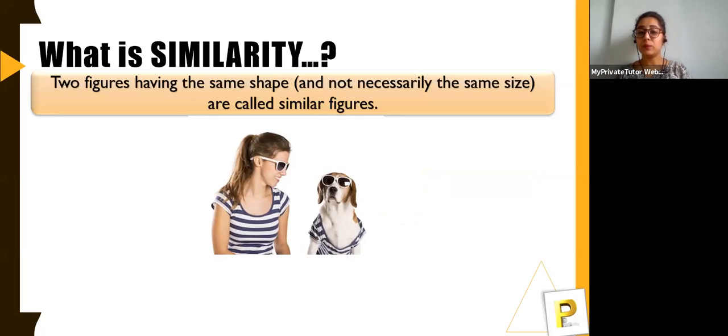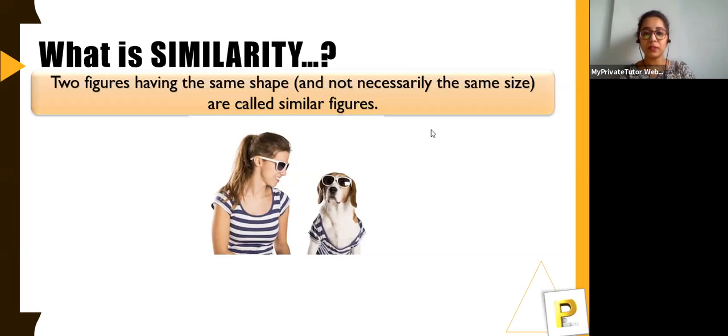You can see that both of them are wearing the same t-shirt and also the same color, right? But both of them are totally different in shape. One is a human and the other is a dog. So the shape is totally different. They are not similar.